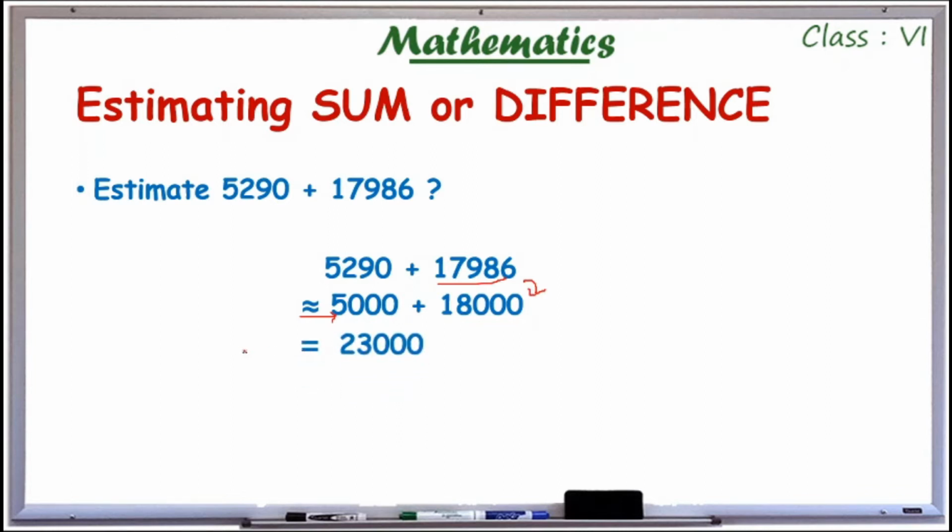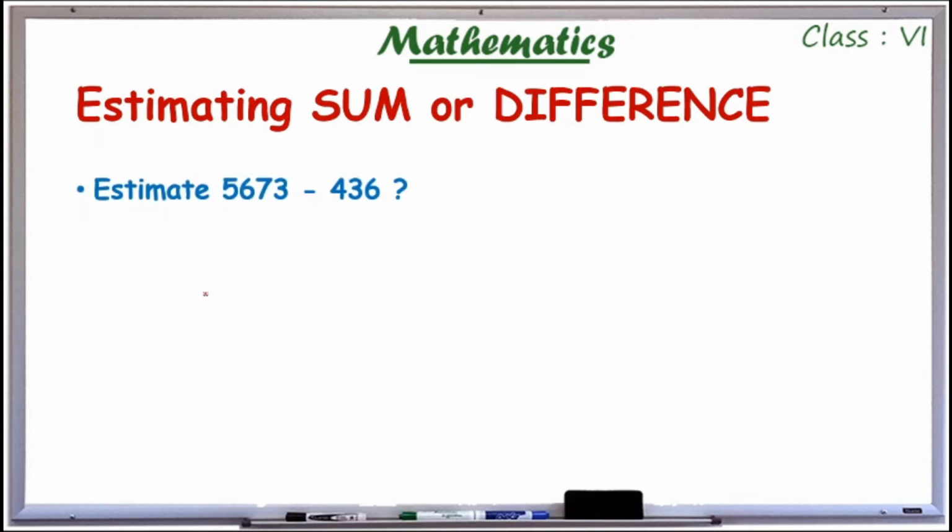Here we use the equal sign because 5000 plus 18,000 is equal to 23,000. That is not an approximation, that is an actual value. From the first step to the second step it is an approximation, so we use this symbol. From the second step to the third step it is not an approximation, it is an accurate value, so you can directly give the equal sign. For approximation you have to give this sign.